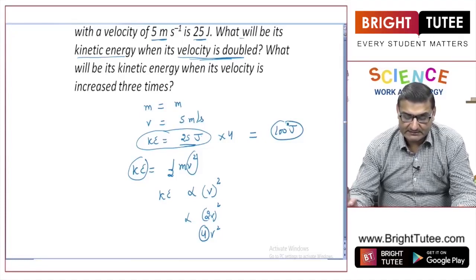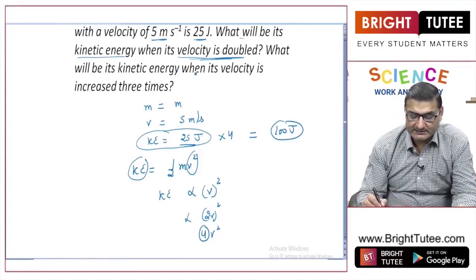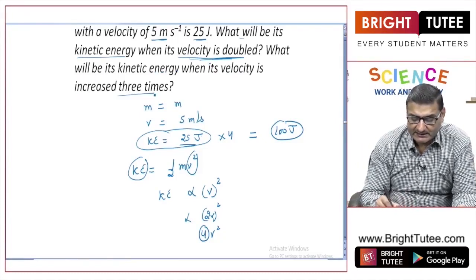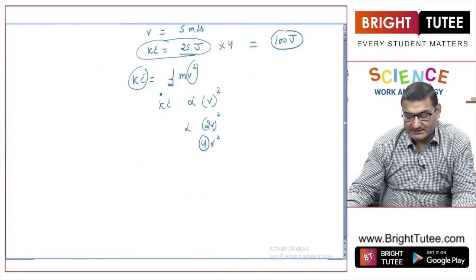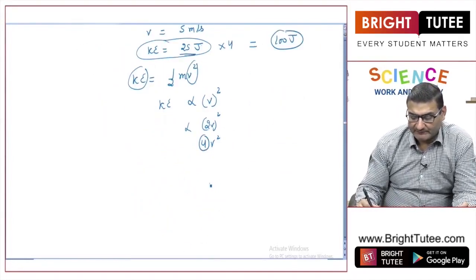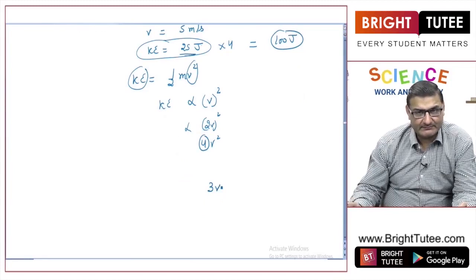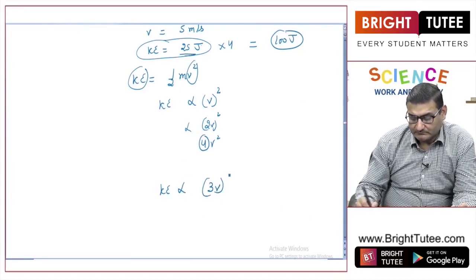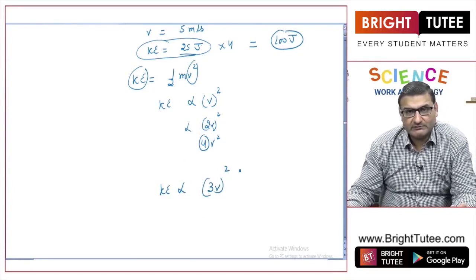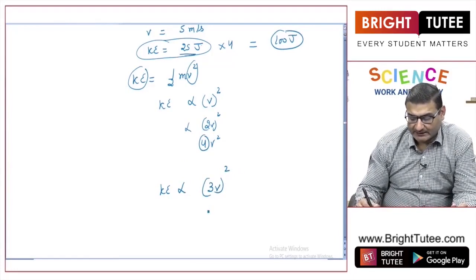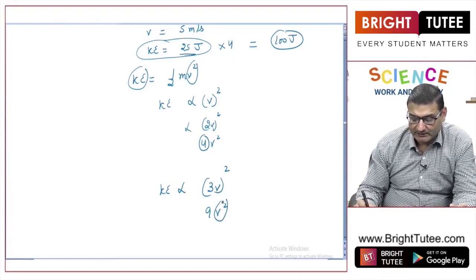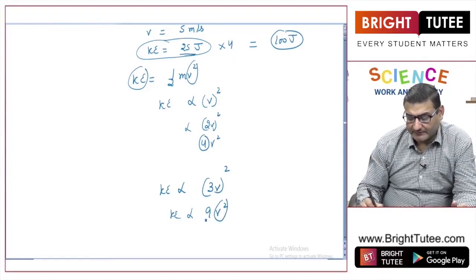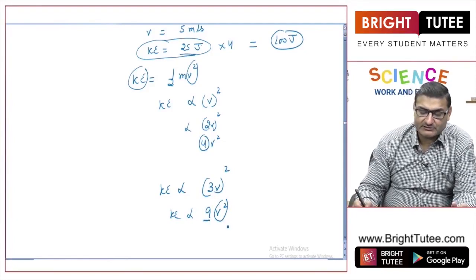The next part asks what will be its kinetic energy when its velocity is increased 3 times. Same concept to be followed. Now if the velocity is increased 3 times, then kinetic energy, being directly proportional to the square of the velocity, squaring it up, we will get 9v square. Initially it was v square, so the kinetic energy will become 9 times its original value.